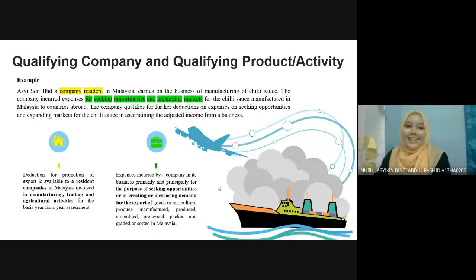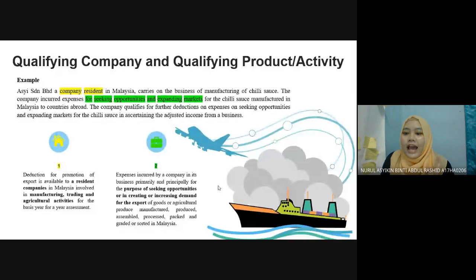Okay, thank you, Zati. Next we proceed to qualifying company and qualifying product or activities. What you have to take note of under this is, first, deductions for promotion of exports are available to a resident company in Malaysia involved in manufacturing, trading and agriculture activities for the basis years of assessment.